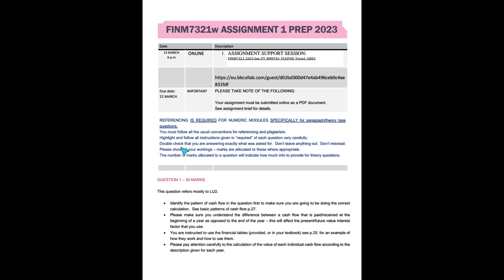And then these other lines that I've got here are also just places where students throw away silly marks. So come back and read this and make sure that you have followed all of the instructions that they gave you in the required section of each question. When you've answered the question, go back and read the required again and ask, did I answer what they asked me? Have I answered all parts of the question?